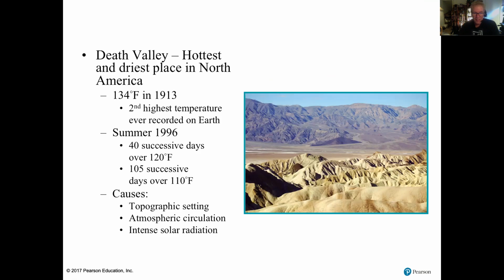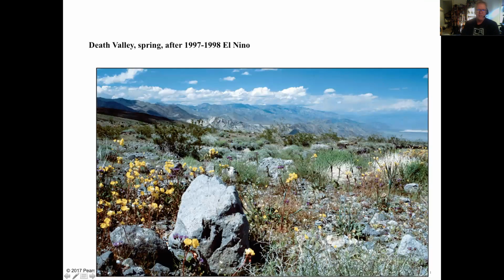In 1896, it had over 40 successive days of over 120 and 105 successive days over 110. And why does that happen? Well, because of its topographic setting. It's a valley, and the mountains trap the hot air in there. We'll get into that in a couple weeks when we look at tectonic landforms and so forth. This is just an example of this.